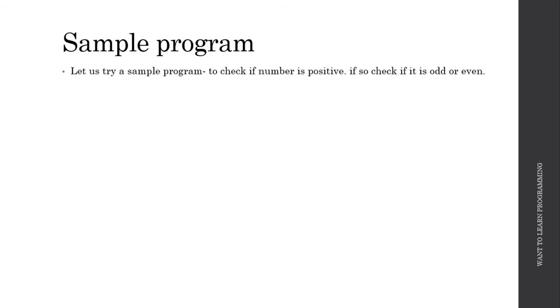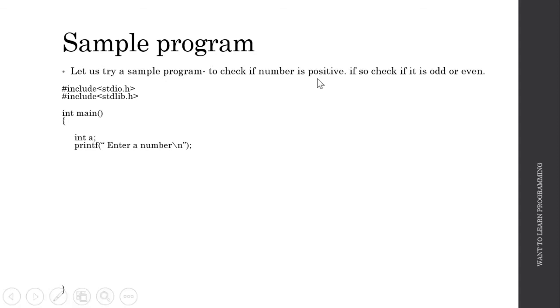So we start with the header files, that is #include stdio.h and #include stdlib.h. Next, we write int main and the two curly braces. Next, we declare a variable a and ask the user to enter a number. Using scanf, we receive that number and store it in variable a.